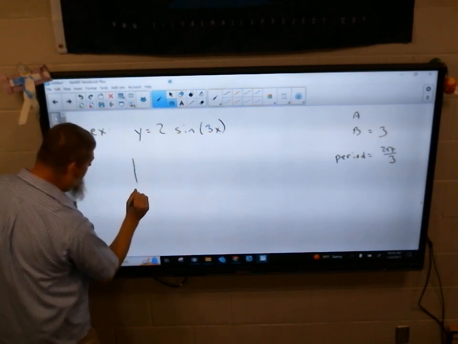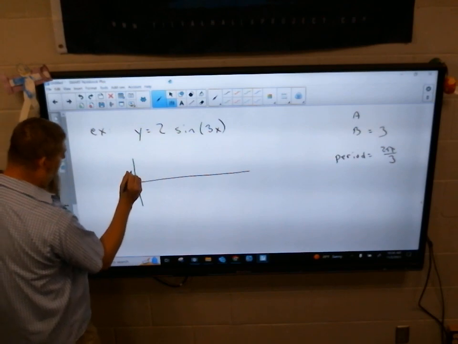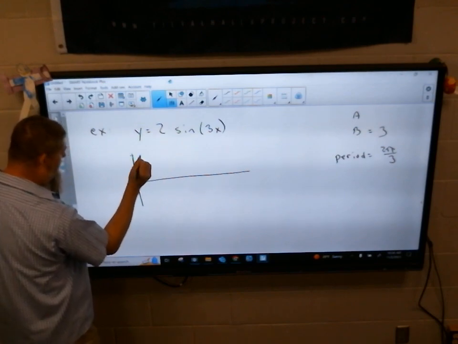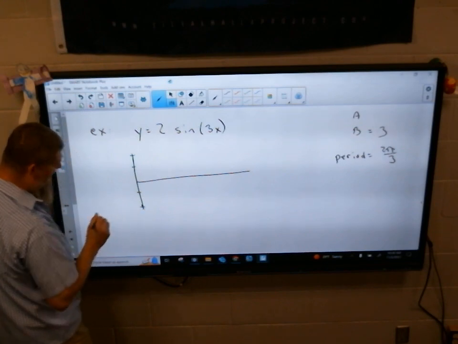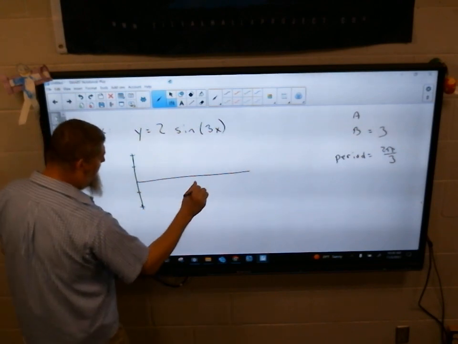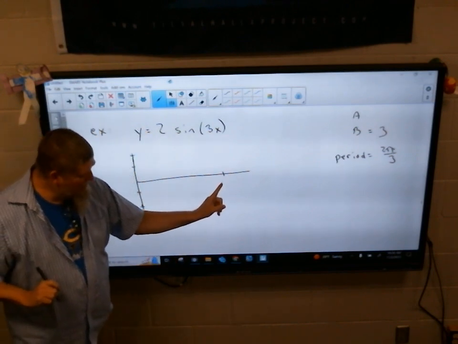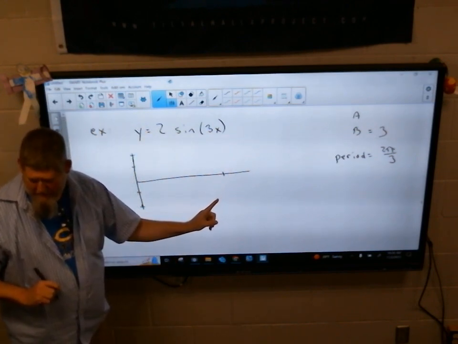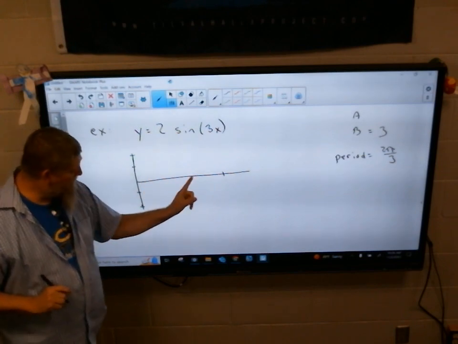Go ahead and sketch your graph. Now we know we're going to go up to 2, and down to -2. And we know we're going to go 1 full period, so I'm going to put a mark out here. Normally that mark is 2 pi. This time though, what is it? We're going to put 1 period on here.